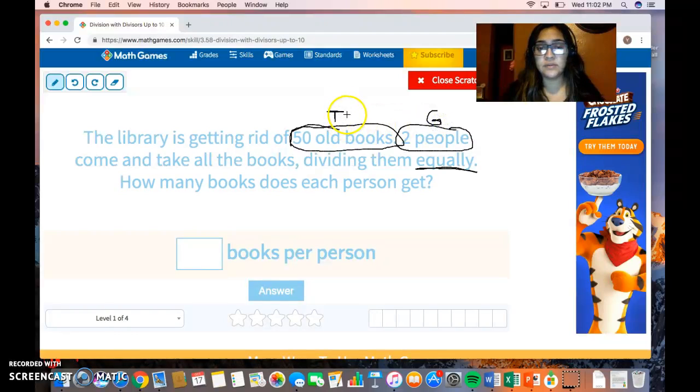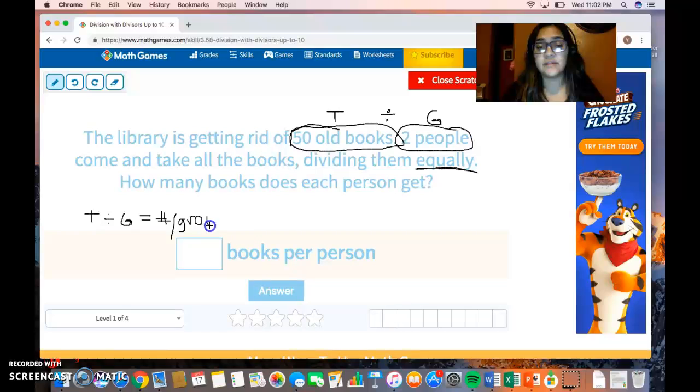So my total divided by my group. T divided by G, which is total divided by groups, what I just said, gives you the number per group.